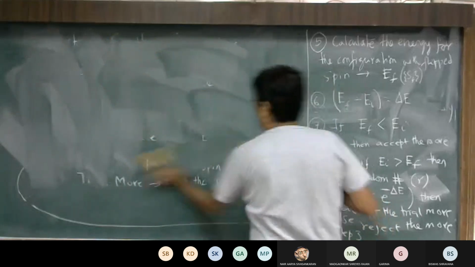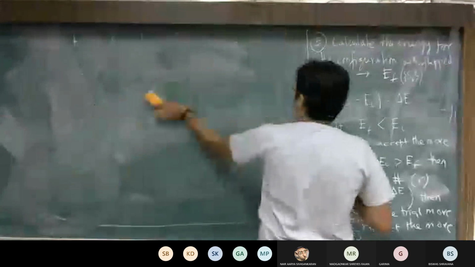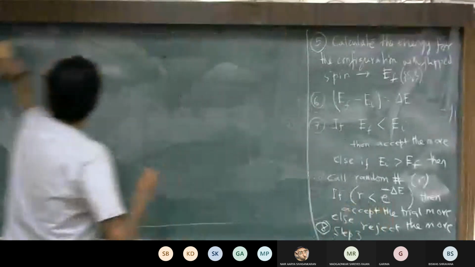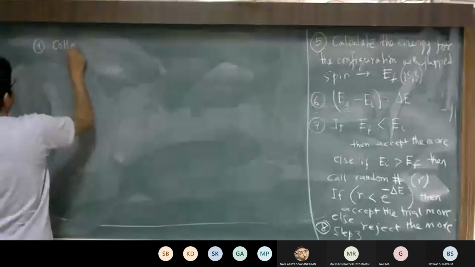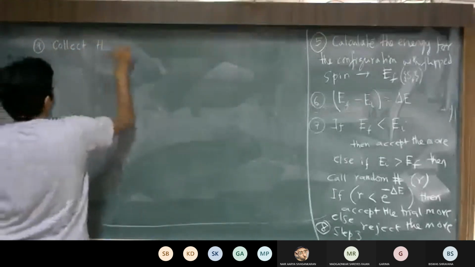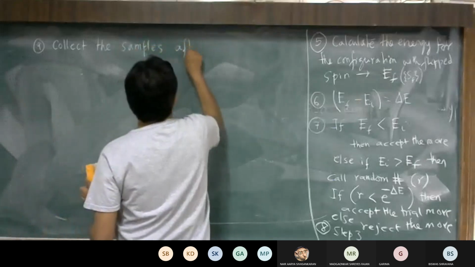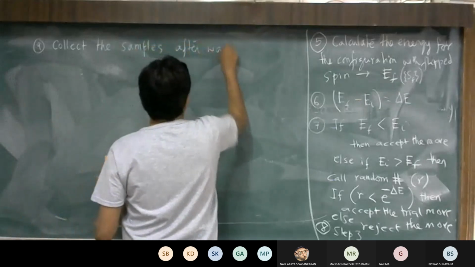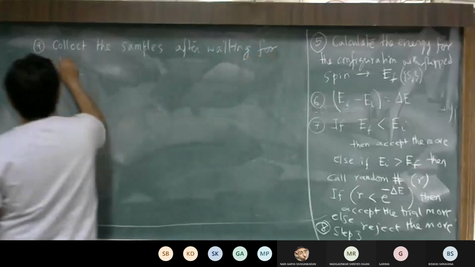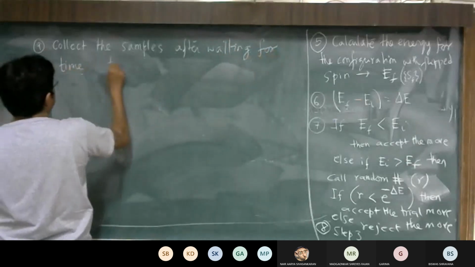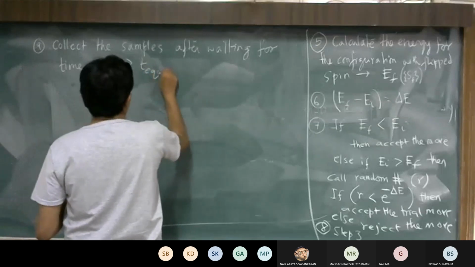After this step 8 is finished, step 7, what you have to do is, of course, collect the samples after waiting for time t, which is greater than the typical equilibration time.